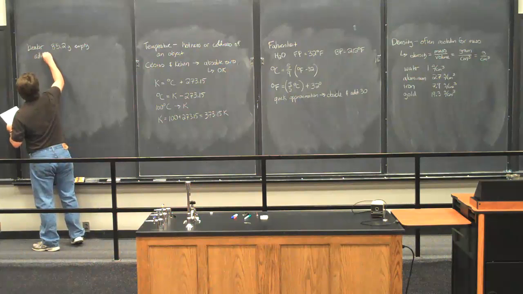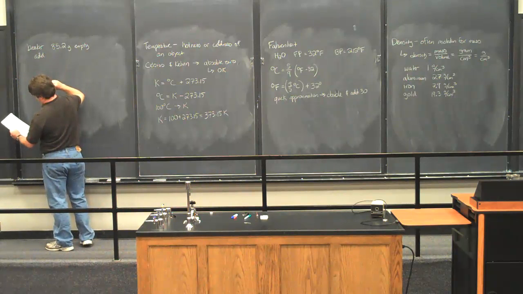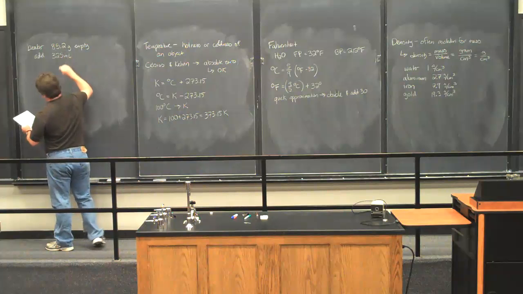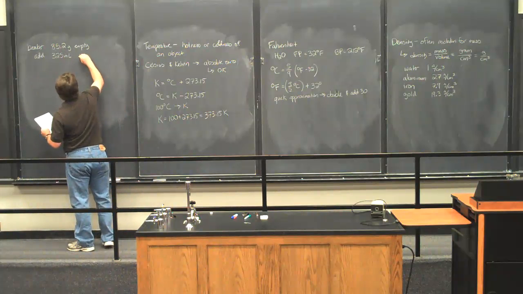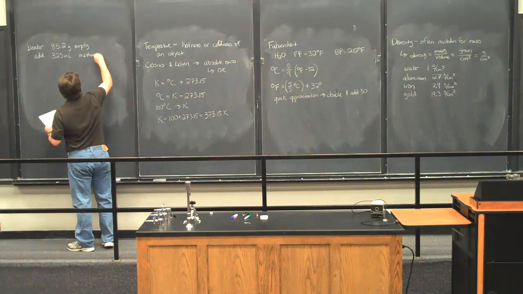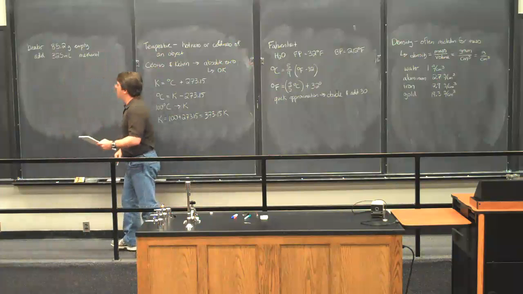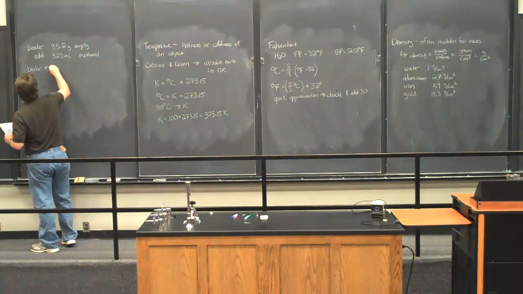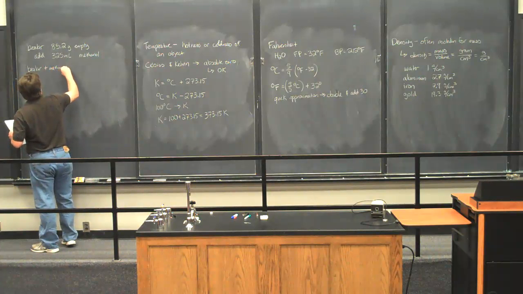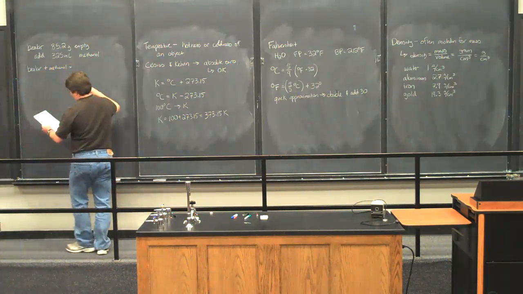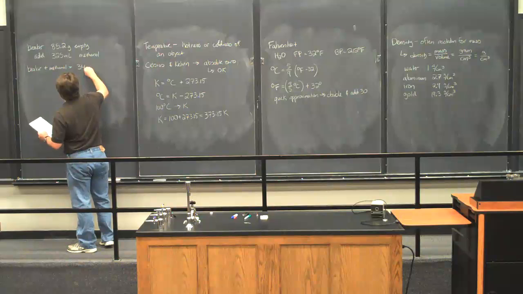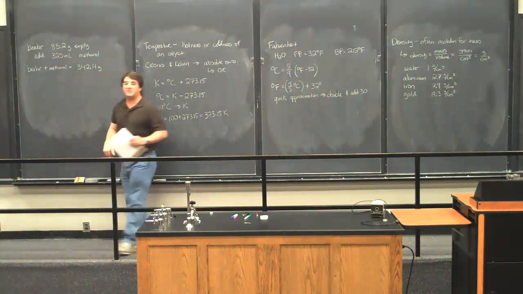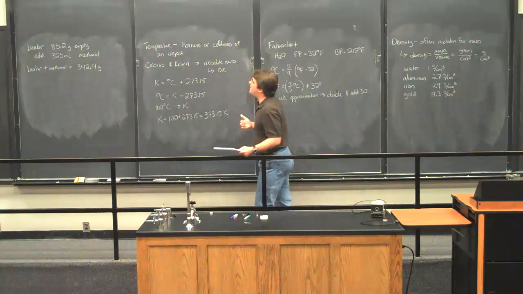And I add 325 milliliters of methanol to this beaker, and the mass of the beaker plus the methanol is now 342.4 grams. What is the density of the methanol?